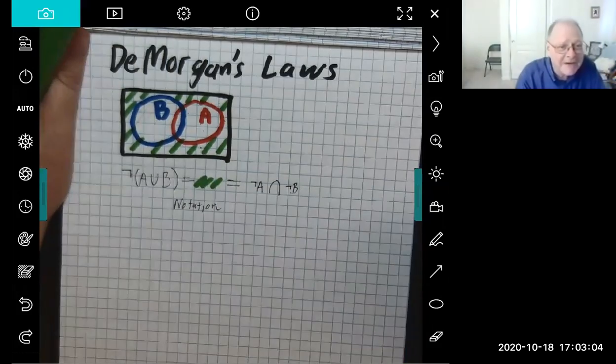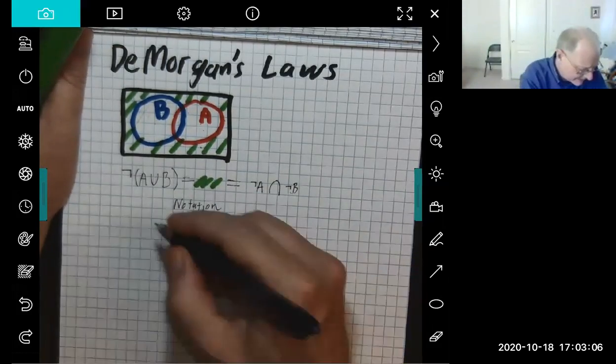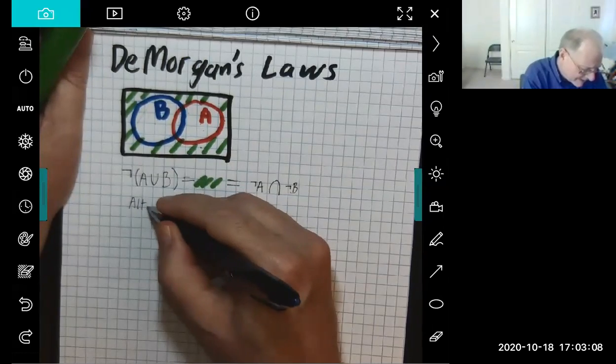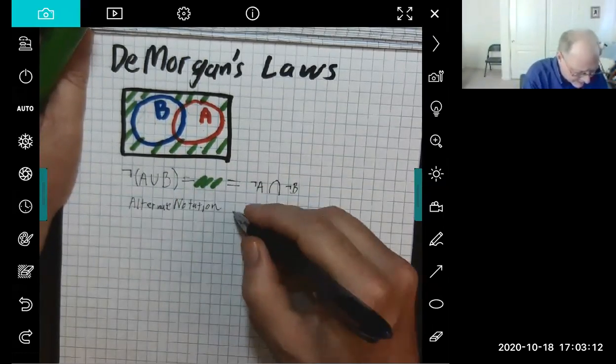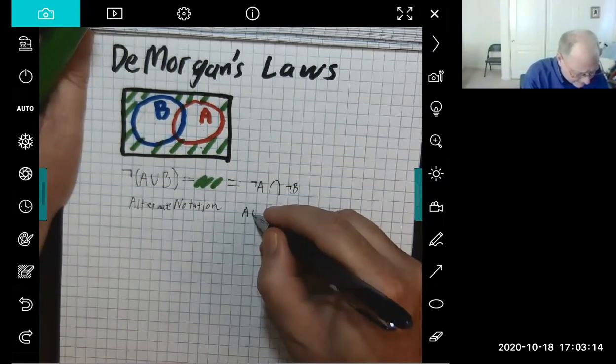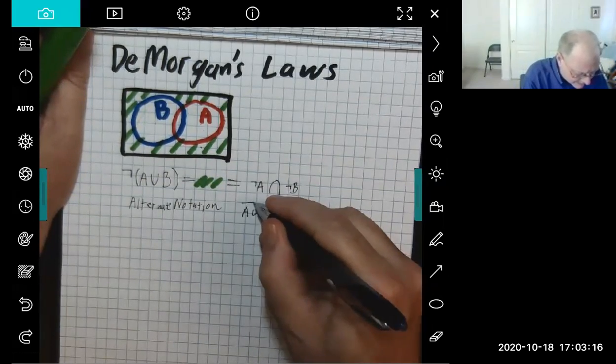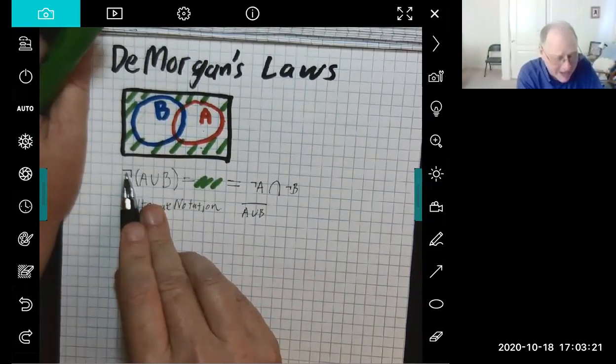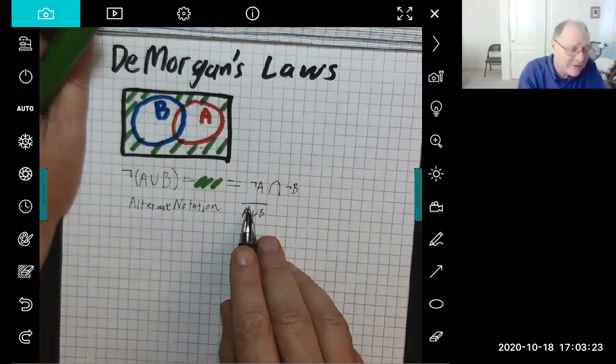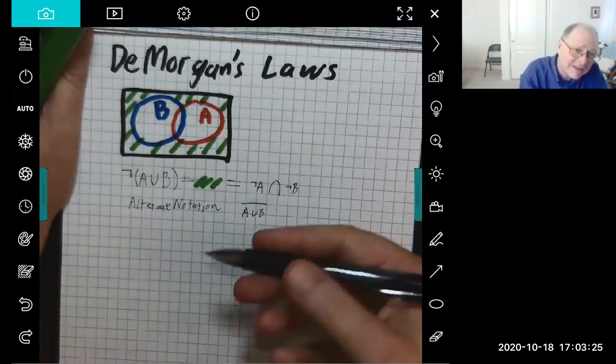And it's very frustrating that there's more than one notation. Sometimes you'll see it written this way instead of the not symbol, the little angle bar for not. Sometimes we use an over bar. I don't like that because it looks like the mean.